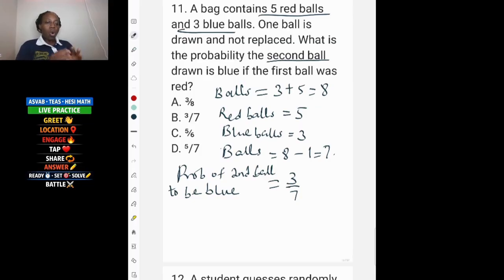So what will you do now? What are we going to do to know the probability of having two balls drawn, red first, no replacement, and blue second?